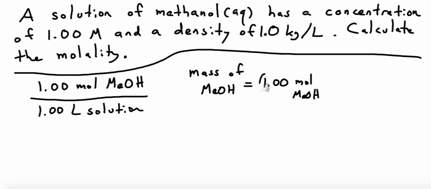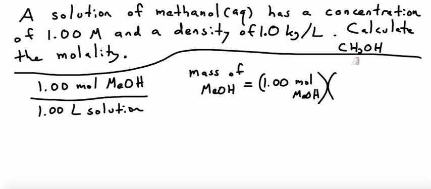We want to convert that to mass. So we need the molar mass. If we add up methanol's structure, let's go ahead and write down methanol's formula up here. It's CH3OH. So we've got 12, we had 4 for the hydrogens and 16 for the oxygen.